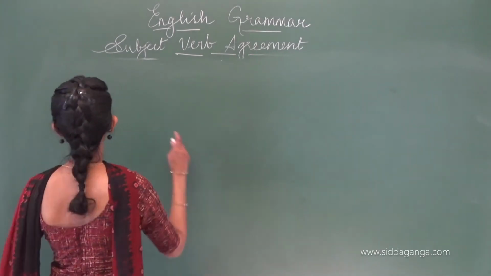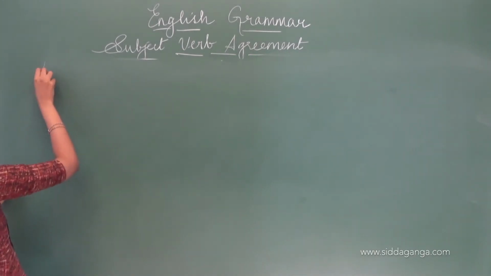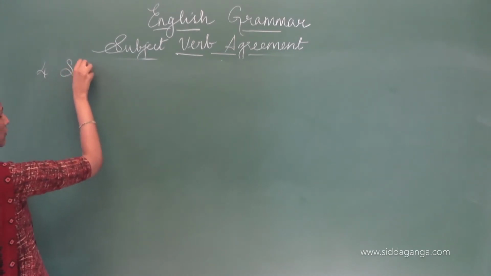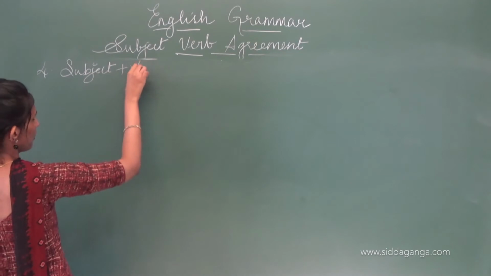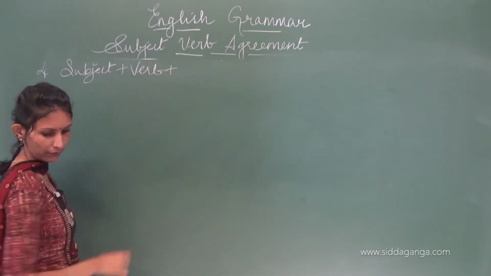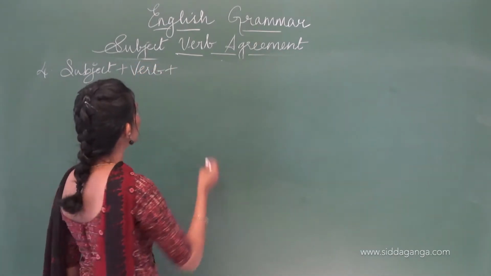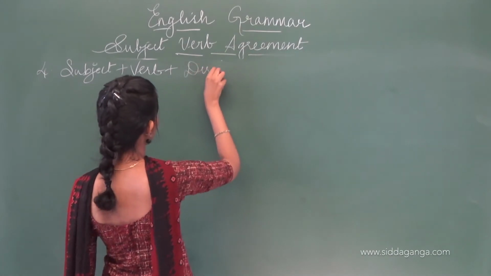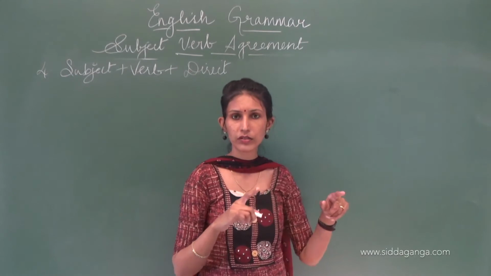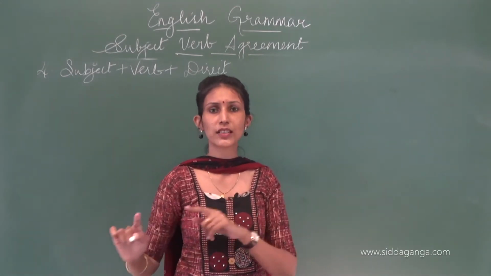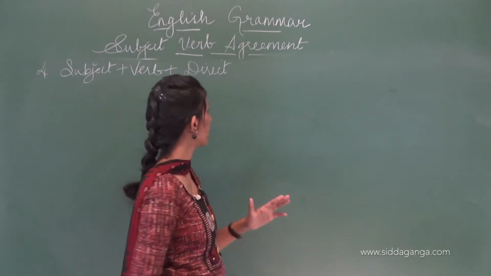Fourth one. Subject and verb also exists everywhere. Subject plus verb plus direct object. Okay, in the previous sentences when I was writing, DO is direct object and SC is subject complement.